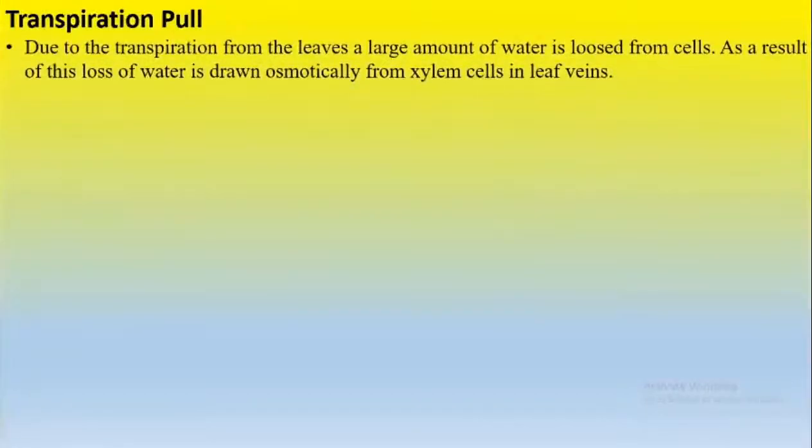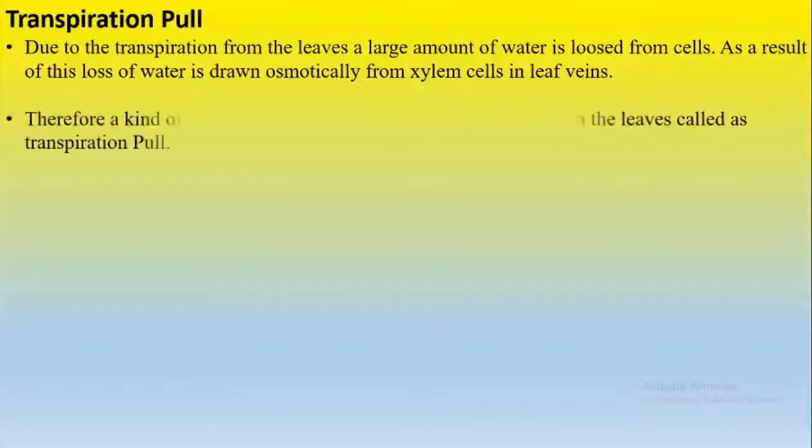Due to the transpiration from leaves, a great water deficit occurs, as a large amount of water is lost. As a result of this loss, water is drawn osmotically from xylem cells in leaf veins. Therefore, a kind of pull is produced in the uppermost xylem cells in the leaves, called the transpiration pull.